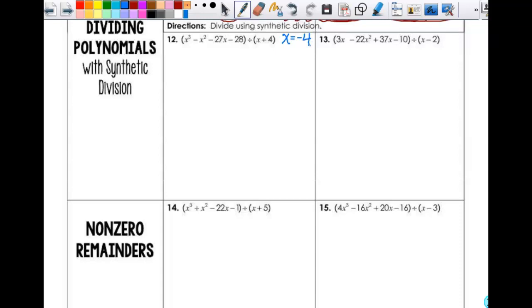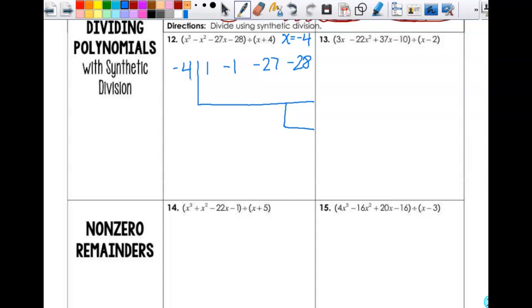So inside, I take my polynomial, my dividend, what I'm dividing into, and I use only the coefficients. So my coefficients are 1, -1, -27, and -28. Then I put this upside down dividing looking thing on it, and I box off the last part. Outside of it goes the -4.